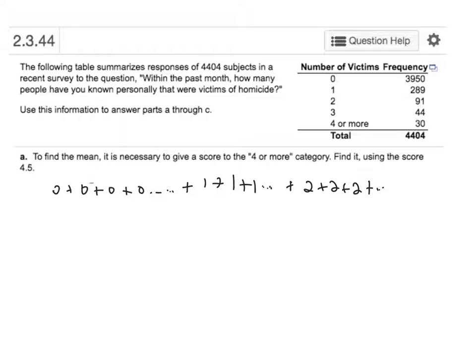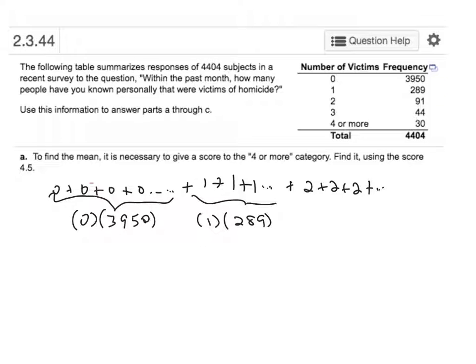All right, so here's how the multiplication idea would help. This we don't really need help with, it's just 0, but technically that's 0 times 3,950. Technically, we don't need a ton of help with this one either, but it's 1 times 289.